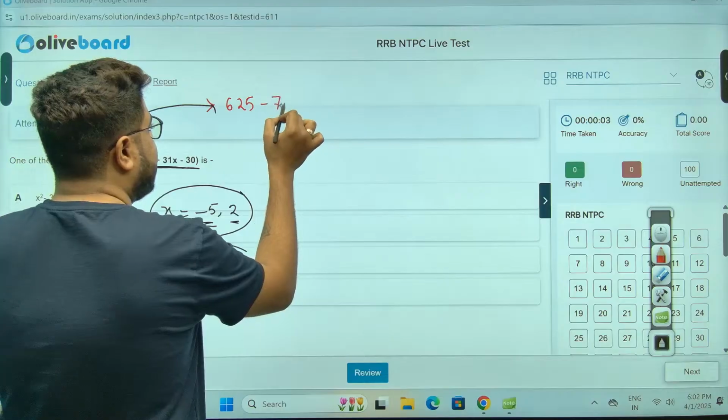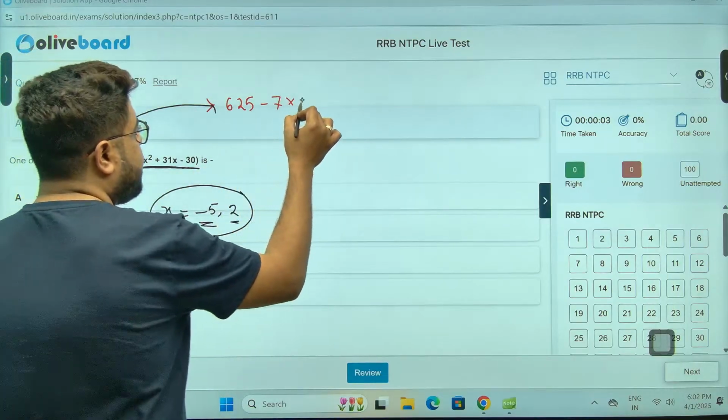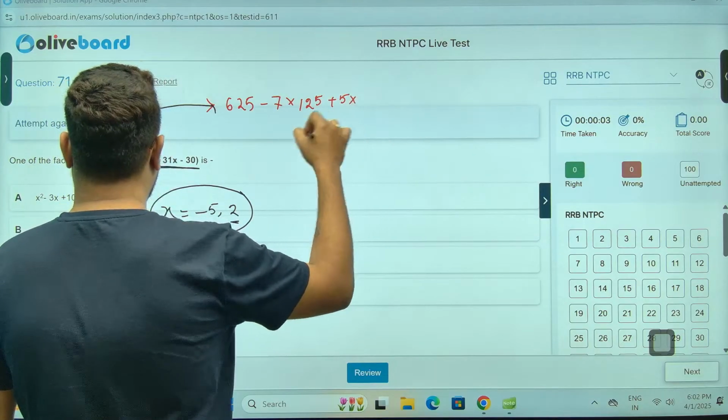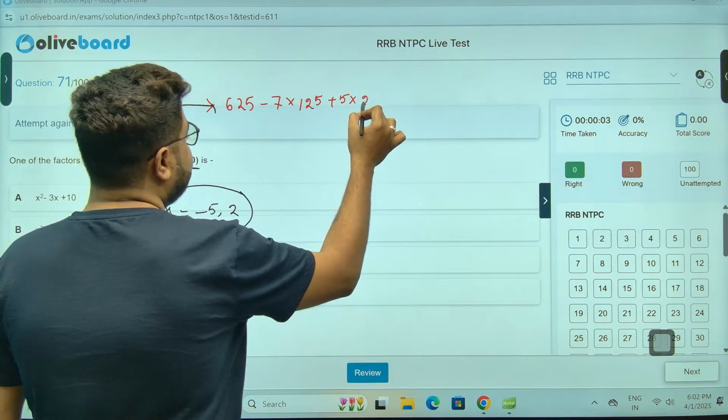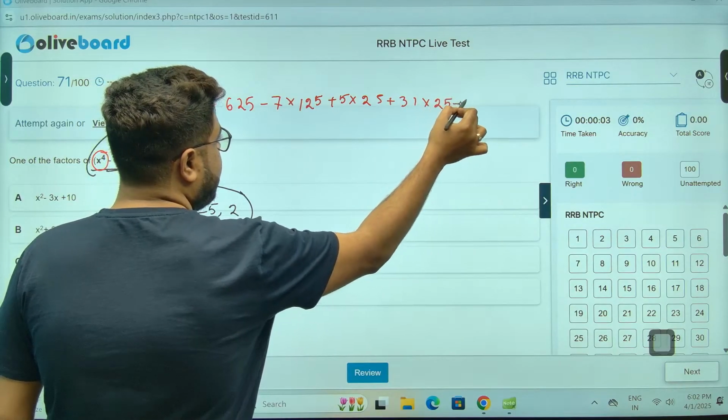Minus 7 times 5 cubed, that is 125. Plus 5 into x squared, x squared means 25. Plus 31 into 25 minus 30.